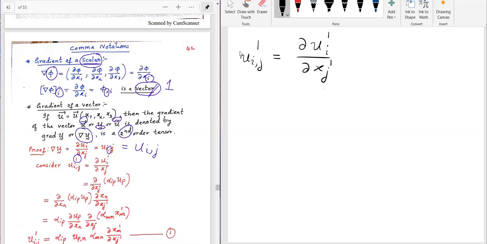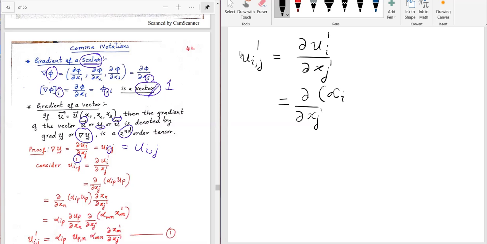Now the next step, this is equal to dou by dou xj dash as it is. We'll keep this as it is. Now ui dash is a vector, so one alpha will come. We are going to write the transformation rule. So one bracket there, alpha i, and next a dummy suffix.